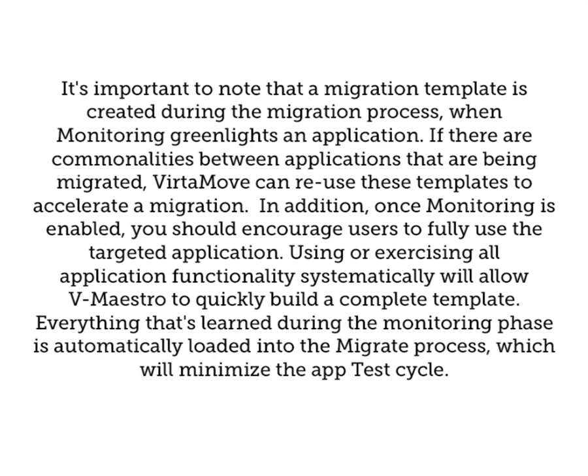It is important to note that during the migration process and the green lighting of an application during monitoring, a migration template is created. If there are commonalities in the applications that are being migrated, VirtaMove can reuse these templates to accelerate the migration process. In addition, once monitoring is enabled, you should encourage users to make full use of their application.